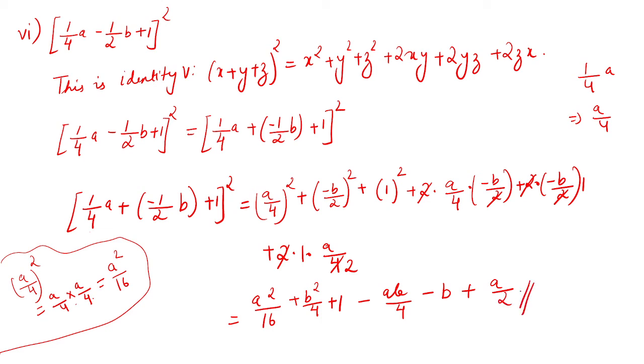Alright, now using the same expression, we'll be solving question number 5. 5 is factorize. Okay, alright, so the first question that we have here is 4x square plus 9y square plus 16z square.